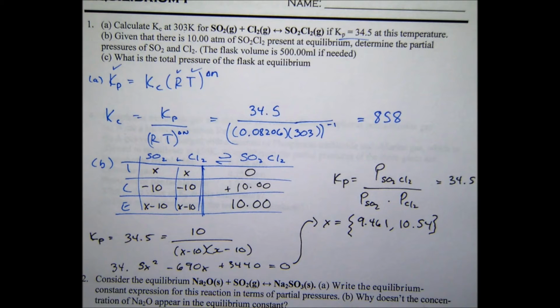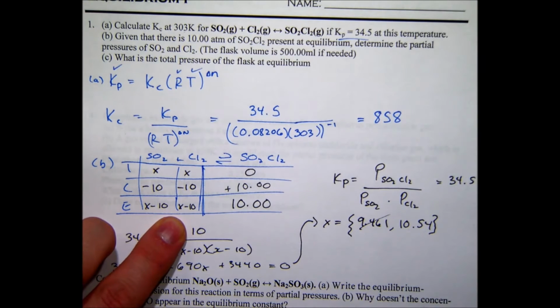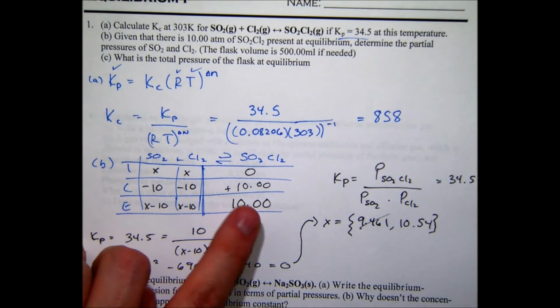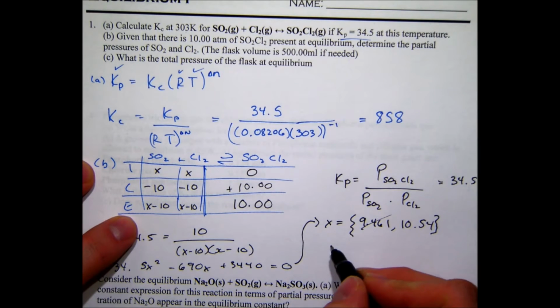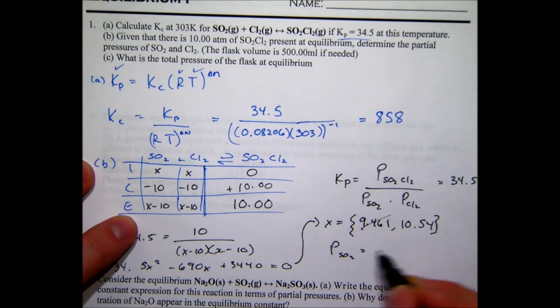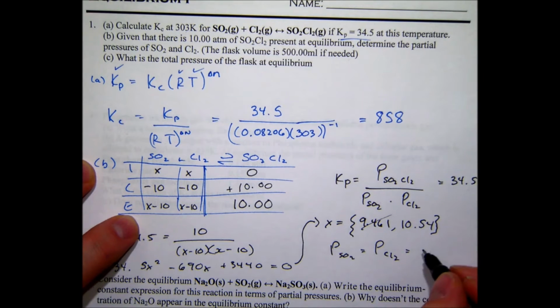So we look at the situation that we have. x could not be 9.461 because then you would end up with a negative number for the pressure, so it must be 10.54. So the partial pressure of SO2 is equal to the partial pressure of Cl2, and that is equal to 0.54 atmospheres.